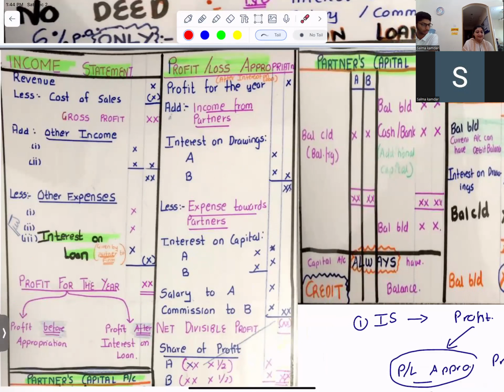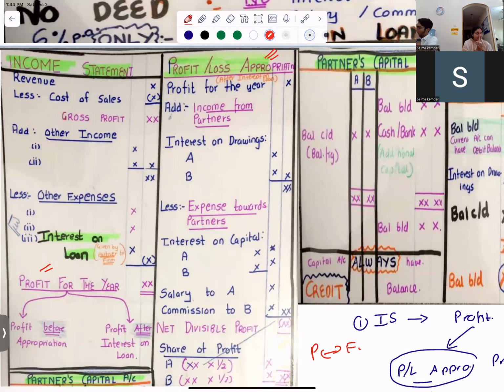But this one exception comes in the income statement, and that is the interest on loan.